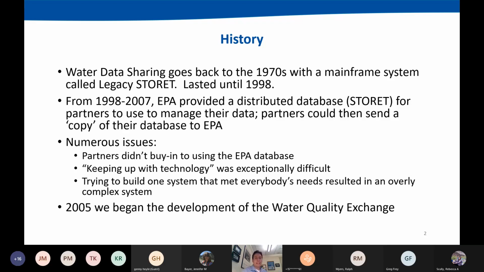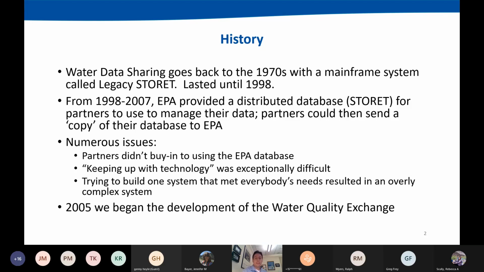And then in 1998, EPA decided to embark on an effort to modernize that system. They created something they called Modernized STORET, and they actually did call it that at the time. It was an Oracle-based database that they would give out to partners, states, tribes, anybody who wanted to share data.